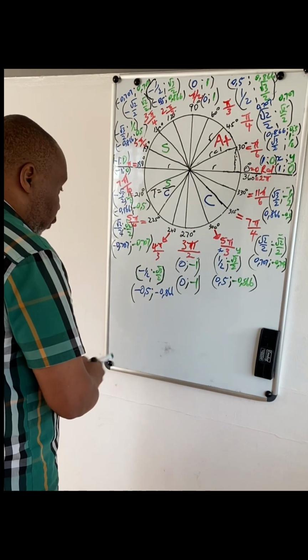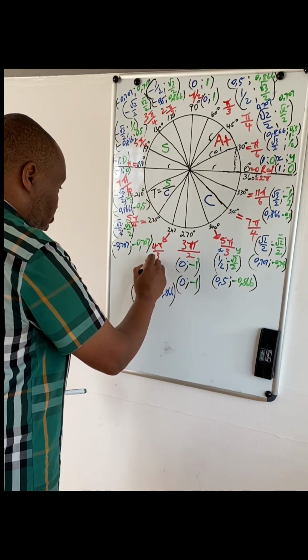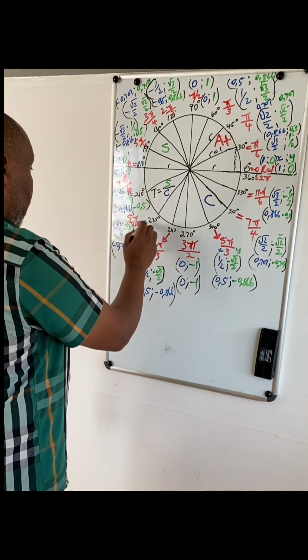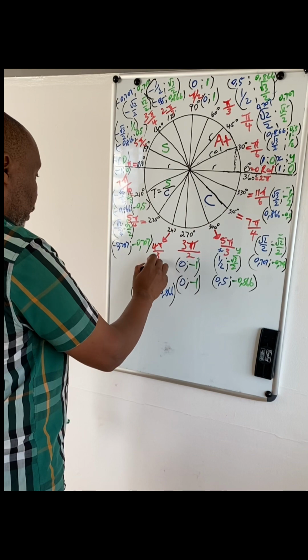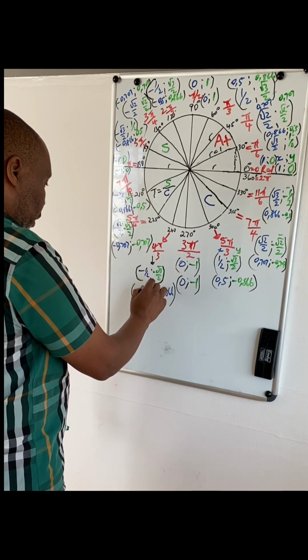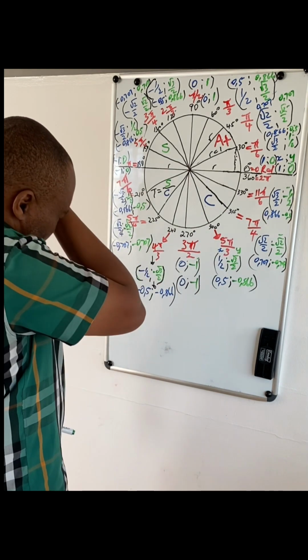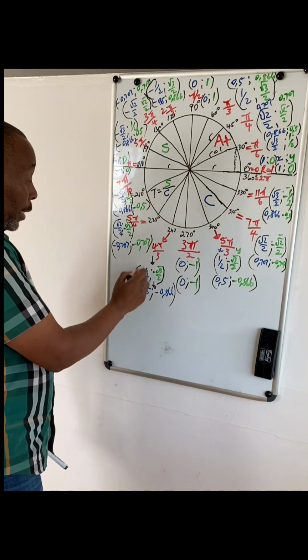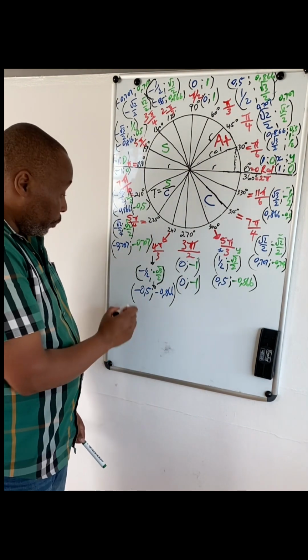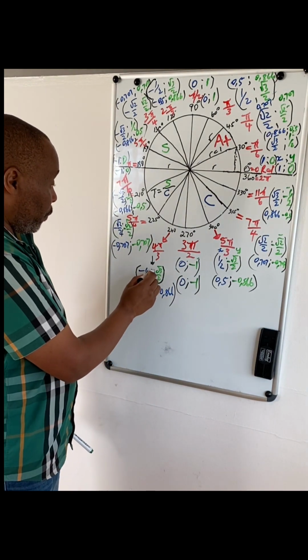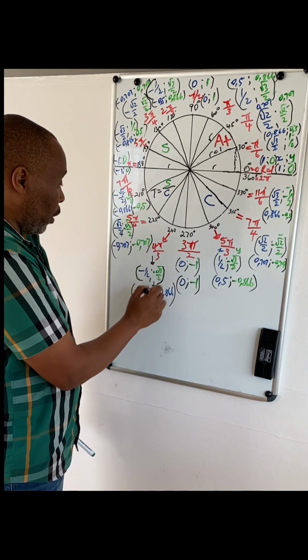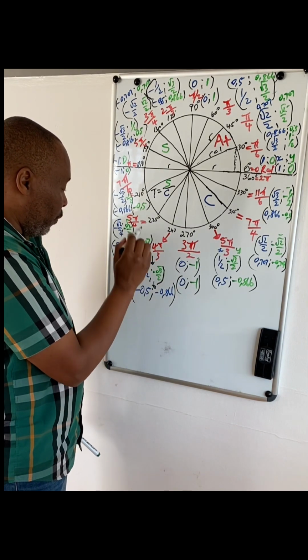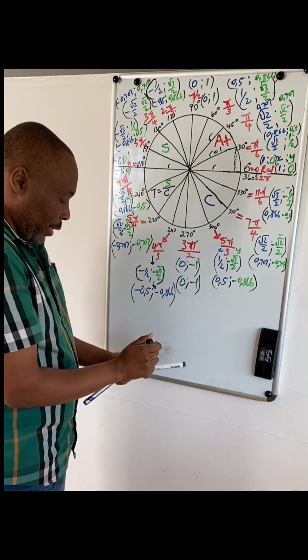It's the decimal form of this one. Negative half into negative root 3 over 2 is negative 0.5 to negative 0.866.